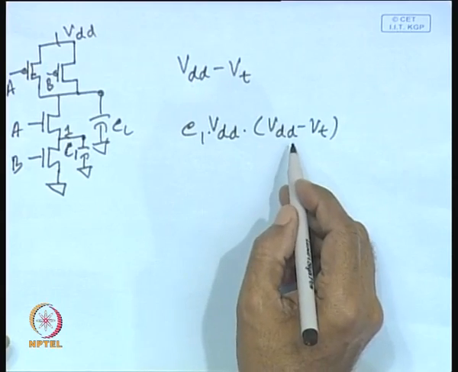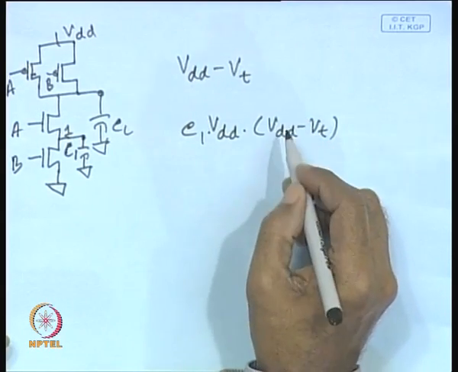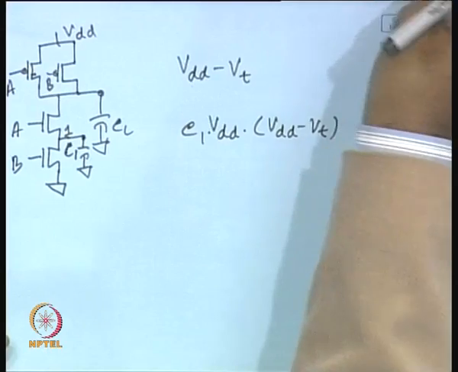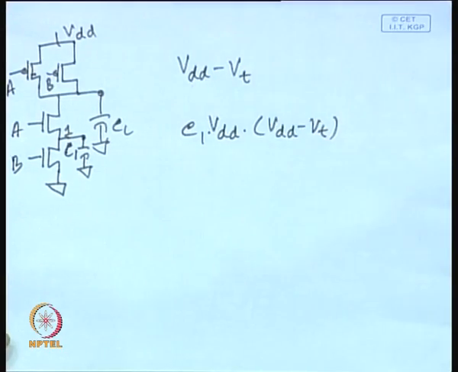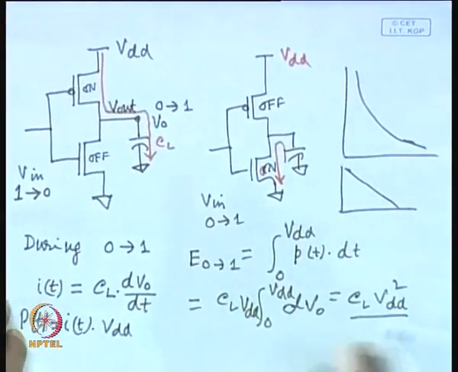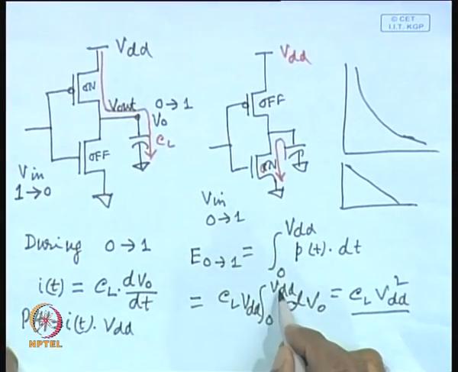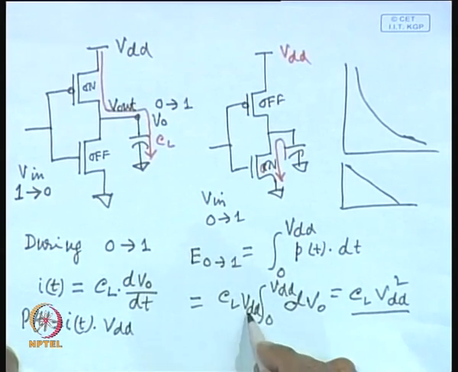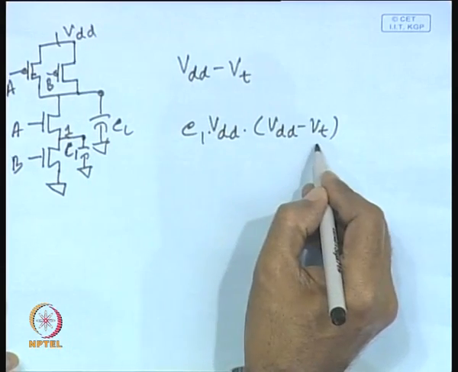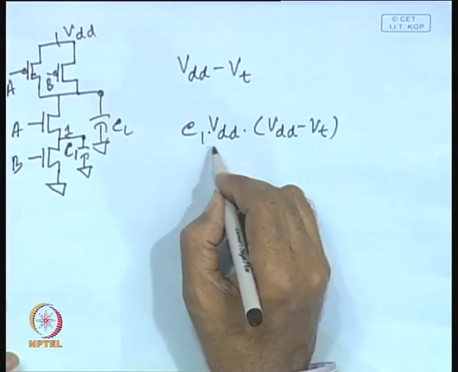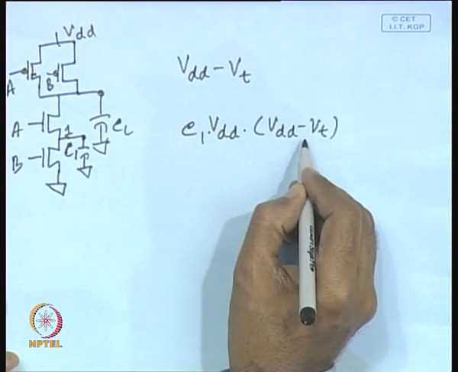In the earlier expression, dV0 will not go from 0 to VDD but from 0 to VDD minus VT. So, the power dissipation in an internal load will not be CL VDD square, but CL VDD into VDD minus VT.